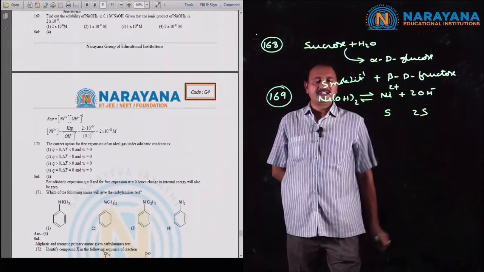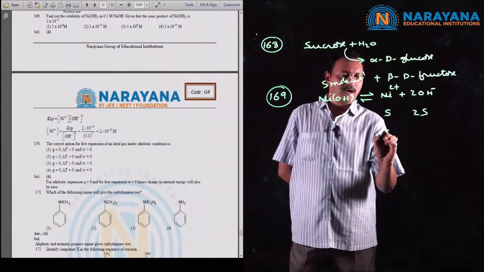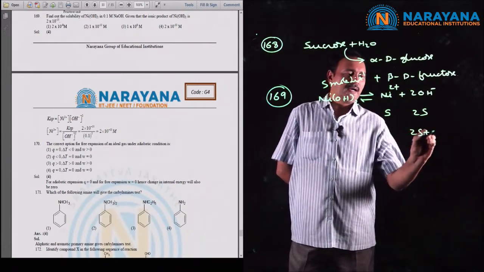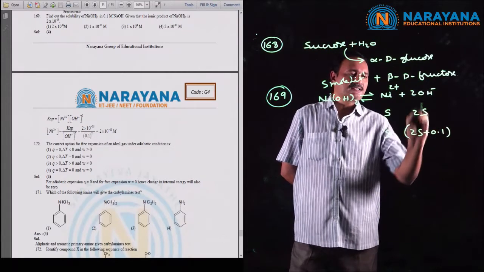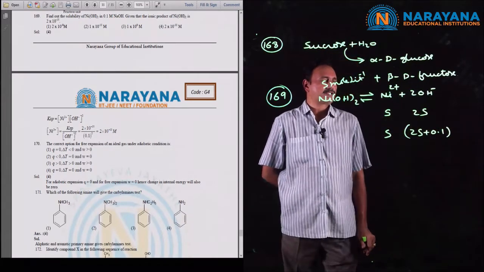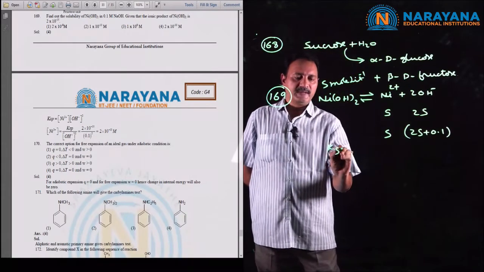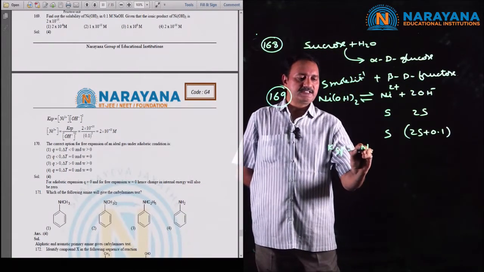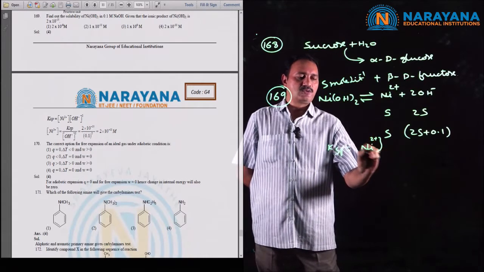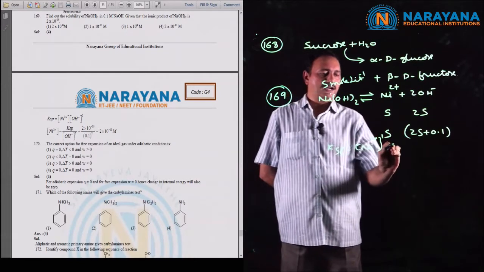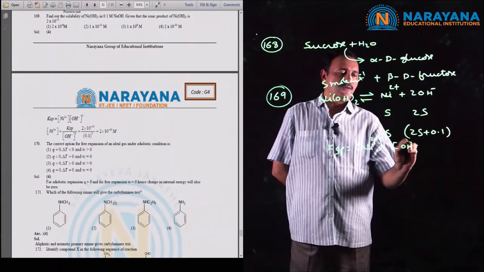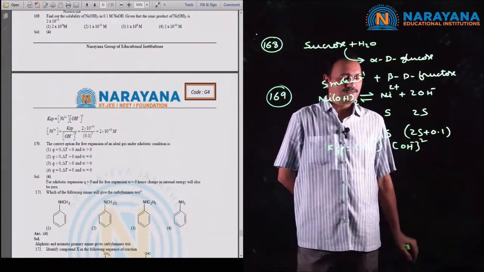Now the solution is in the presence of 0.1 molar sodium hydroxide. The concentration of OH- ion becomes 2S plus 0.1. The solubility product expression Ksp is the concentration of Ni2+ ion raised to the power of 1 into the concentration of OH- ion raised to the power of 2.